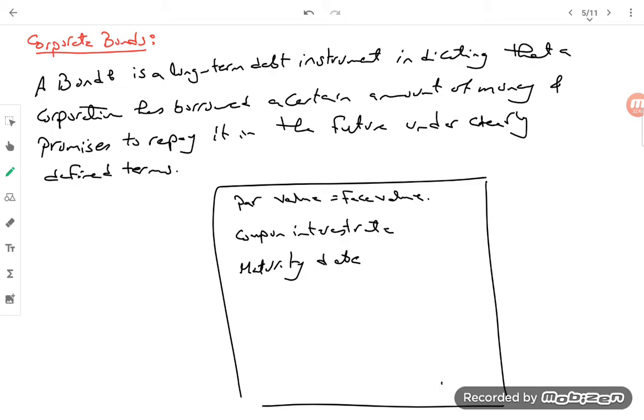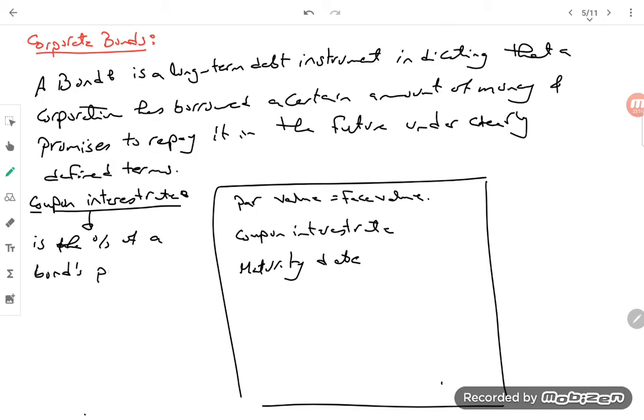So what's the coupon interest rate? Coupon interest rate is the percentage of the bond's par value that will be paid annually or semi-annually.